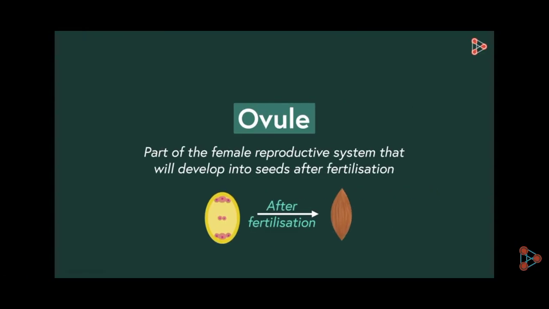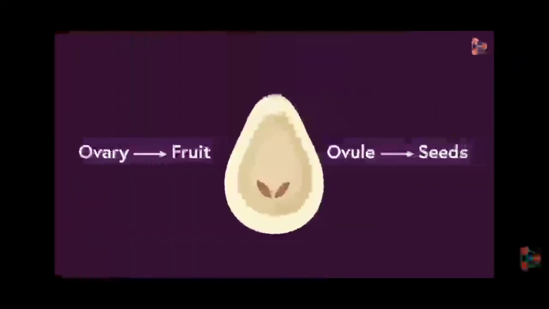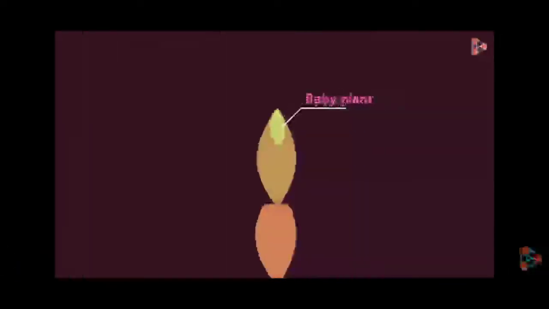The part of the female reproductive system that will develop into seeds after fertilization: the ovary enlarges and develops into a fruit. Ovules present inside the ovary develop into a seed and become a new plant. This process is called sexual reproduction.